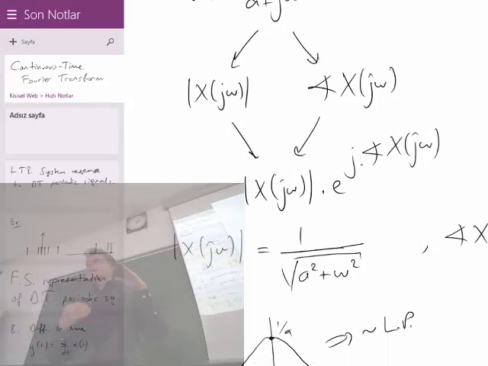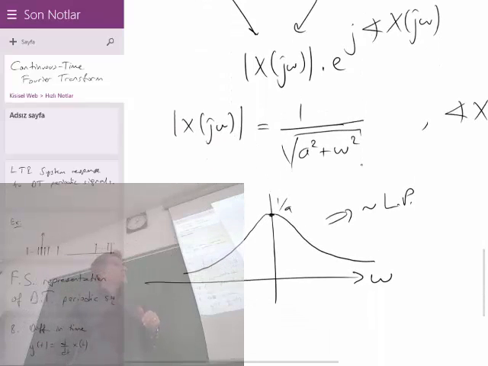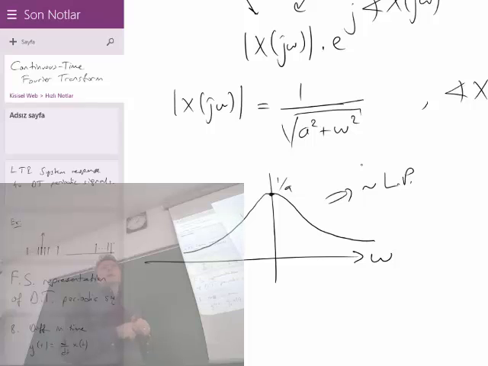So omega is in the denominator, and as omega increases, the denominator increases and the magnitude decreases. So it has this kind of a shape. This shape indicates that most of the energy, or the larger energies, are around 0 frequency, which is nearer to DC. And as frequency increases, this decreases. So that's why we refer to it as sort of low pass.